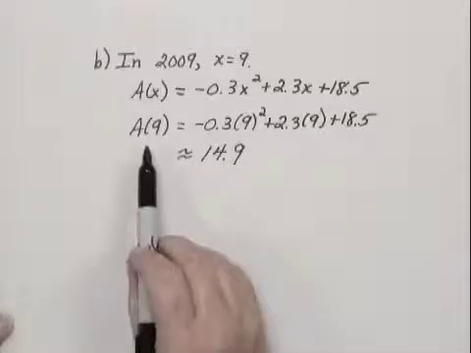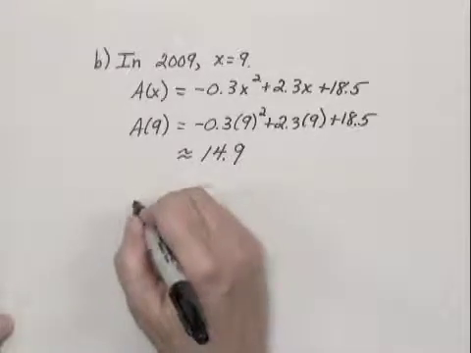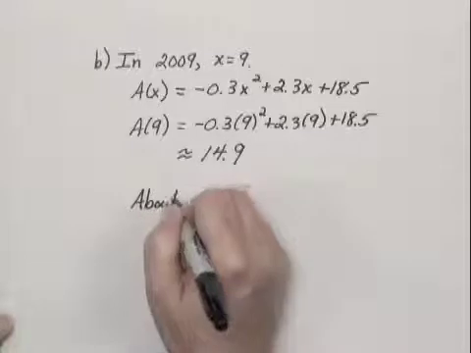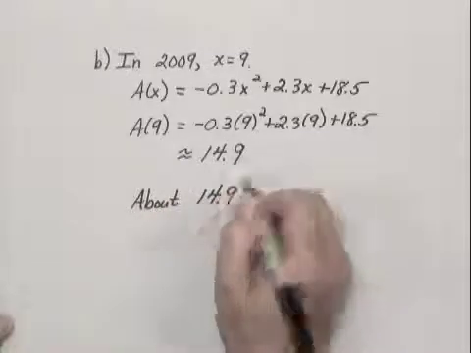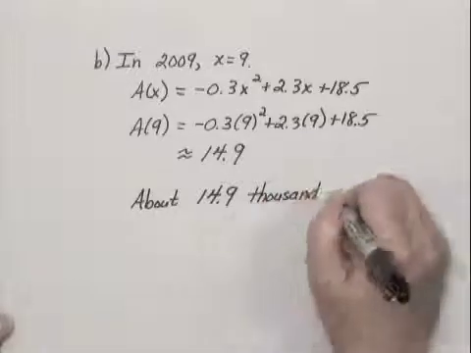Now, A is in thousands, so we could say in 2009, there will be about 14.9 thousand adoptions.